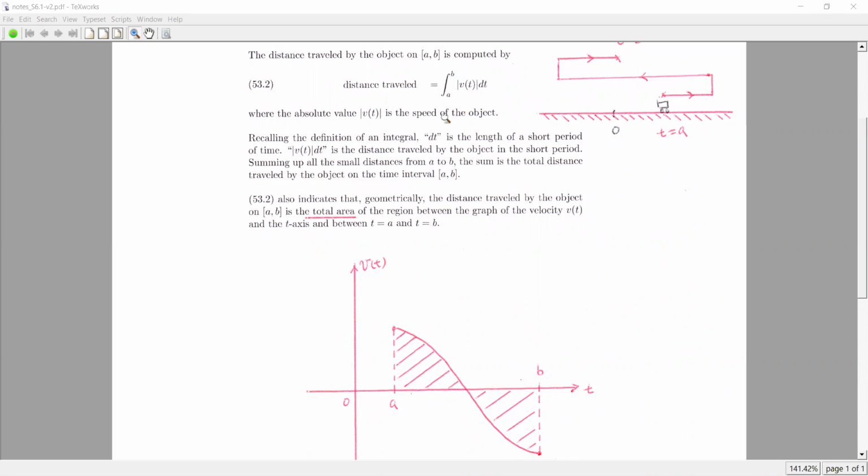That is, this integral is the area above the x-axis plus the area below the x-axis. This formula says that the distance traveled by the object over this time interval is the total area of this shaded region.